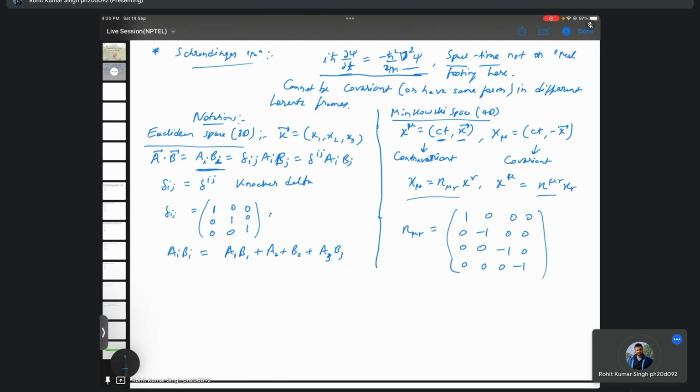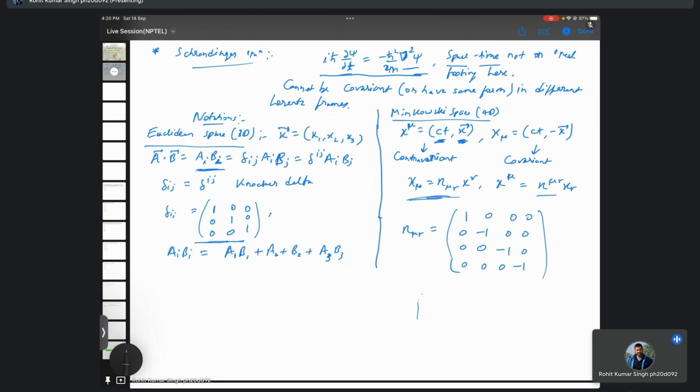You see that in contrast to the Kronecker delta that we have in Euclidean space, here in Minkowski space the signatures are different for time and space. So when you multiply x mu by eta mu nu, the time component will remain positive, but a spatial component will get a negative value from this metric.